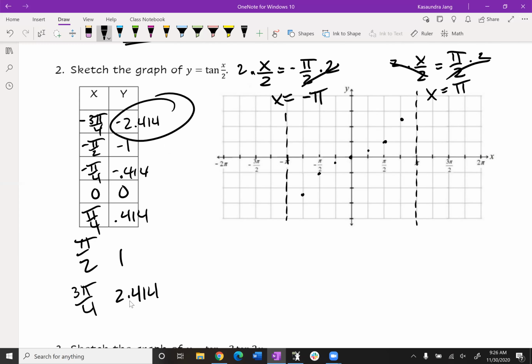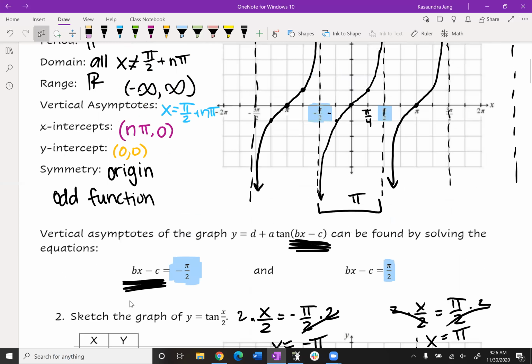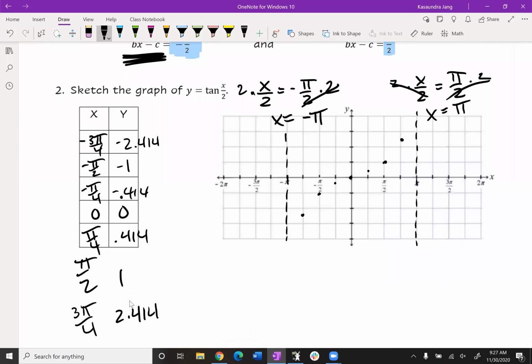I'm thinking it's going to have the type of shape that I had on my parent function, just a bit wider. It still has to stay inside the asymptotes, so it's going to have that arrow connecting these here.